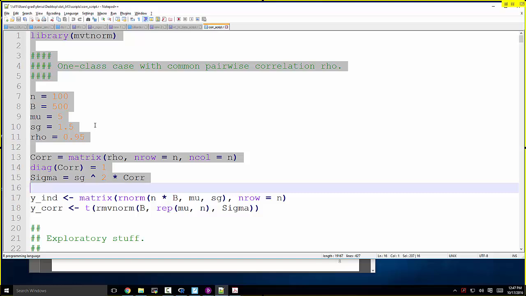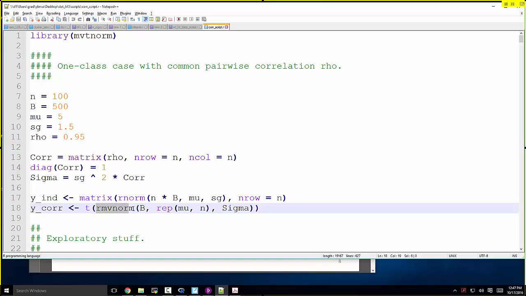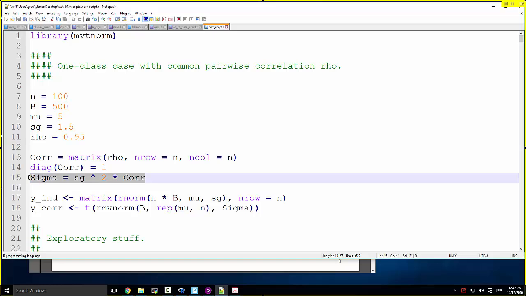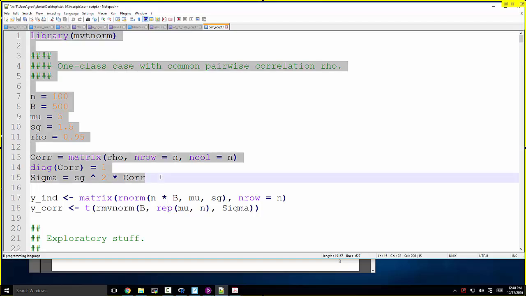What I'm going to do is use the multivariate normal random number generator. Right here. This gives random draws from a multivariate normal with a mean equal to a vector mu, and a covariance matrix equal to what we said it should be in the notes. So let me run the first part of this, and we'll take a look at capital sigma for a second.